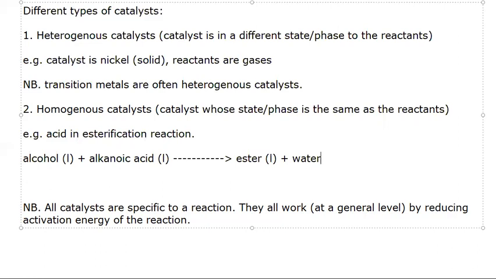But you might also recall that we had a catalyst. What was our catalyst here? Concentrated sulfuric acid, and that this was performed under reflux.